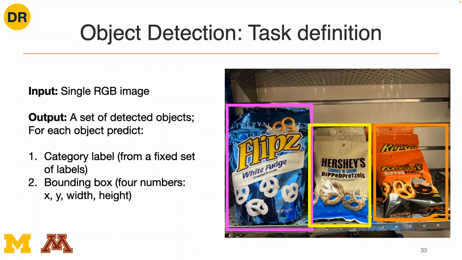For each object, you have a category label and the corresponding bounding box that says where this object is. It's basically 4 numbers: the XY pixel for the top left corner of the bounding box, and the width and height of the bounding box.